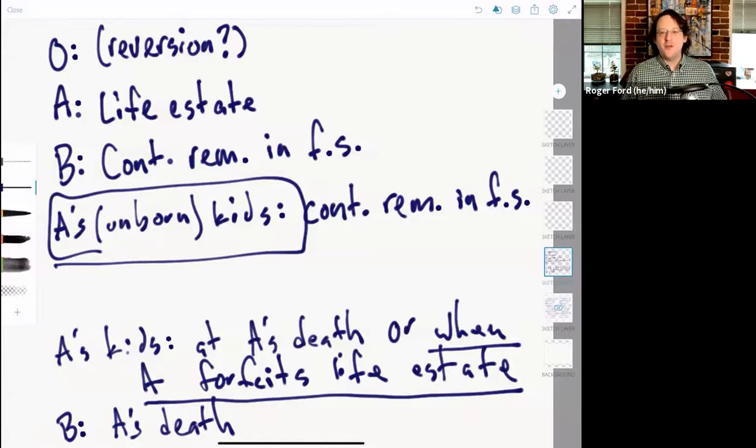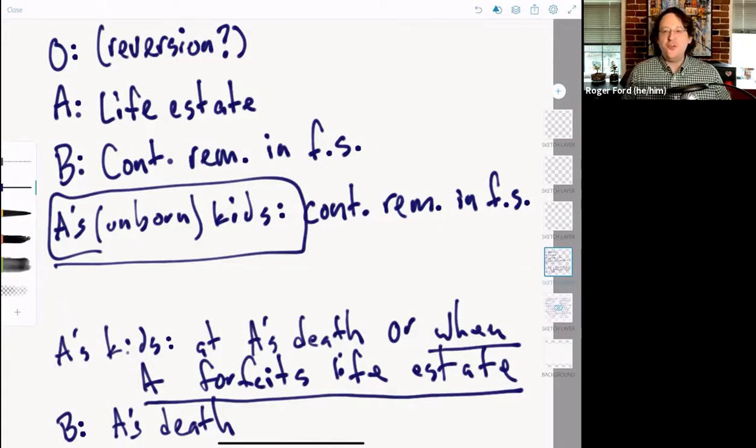The wording is, if at A's death he is not survived by any children, then to B and her heirs. The way that is worded, it's an if-then. If X is true, then B gets it, which means that's a condition precedent before B can get it. As of today, B has not satisfied that condition. We have no idea if at A's death he is survived by any children. So nothing has vested for B yet.